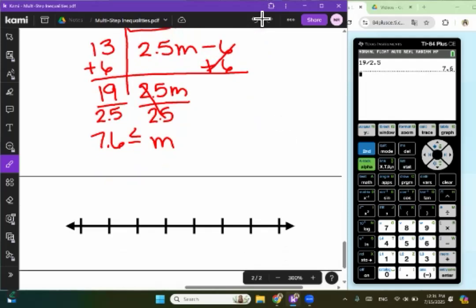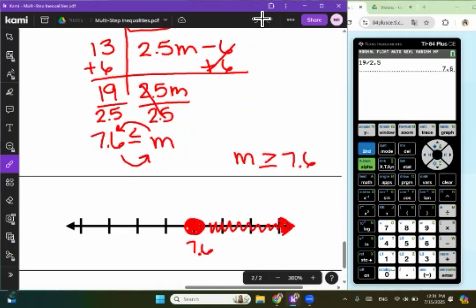Now, we are going to flip, but the only reason we're going to flip is because we need to move the variable to the front of the inequality. Alligator is eating the m here, so alligator needs to eat the m there. 7.6. It is underlined, so underline meaning closed circle.